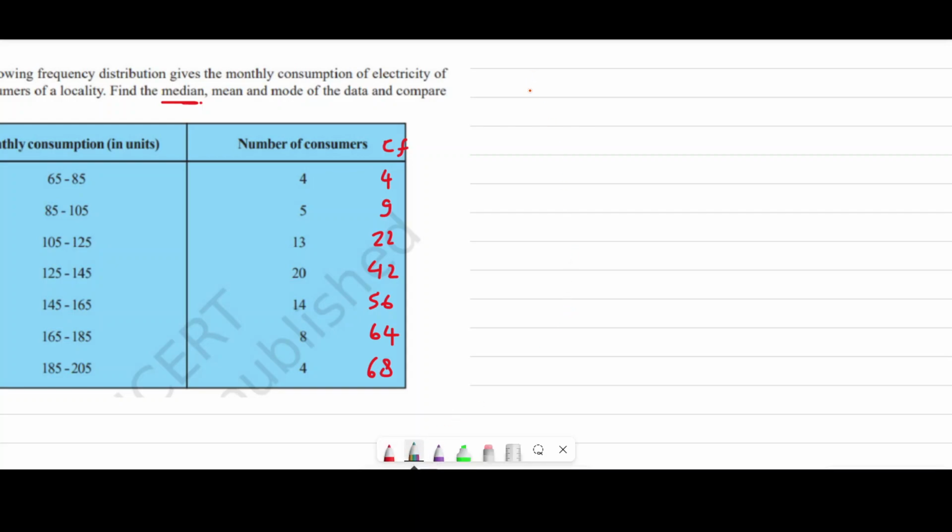Now here median will be L plus n by 2 minus CF, divided by f, into h. Now what is the value of n by 2? Here this is n. Now n by 2, that means 68 by 2, which will be 34.